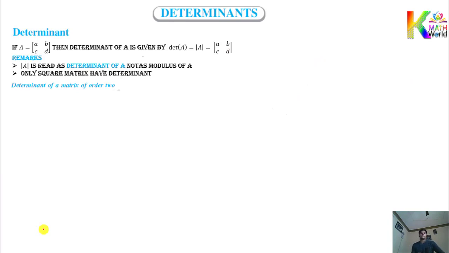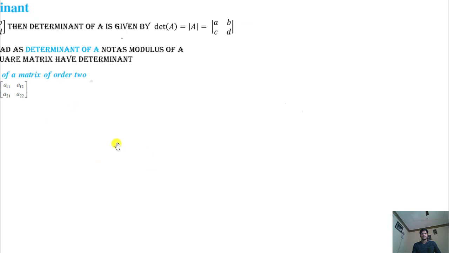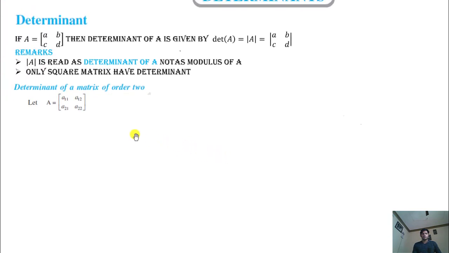Okay, then if you see another illustration, let A equal [E11 E12; E21 E22]. Another 2 by 2 matrix is there. Then how do we calculate the value? As we discussed, firstly the product of the principal diagonal, E11 into E22, then the secondary diagonal.